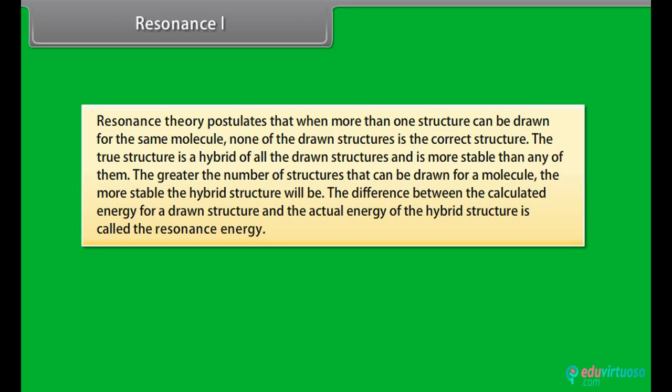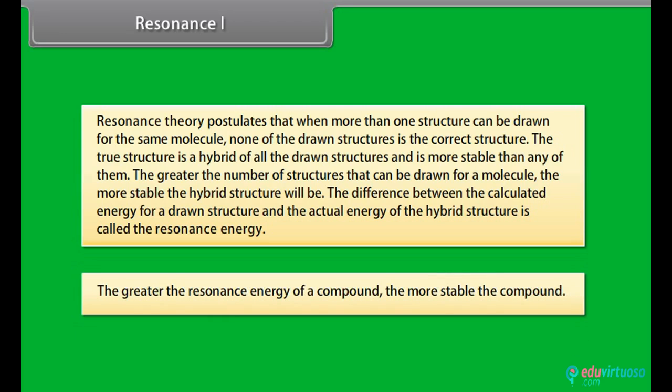The greater the number of structures that can be drawn for a molecule, the more stable the hybrid structure will be. The difference between the calculated energy for a drawn structure and the actual energy of the hybrid structure is called the resonance energy. The greater the resonance energy of a compound, the more stable the compound.